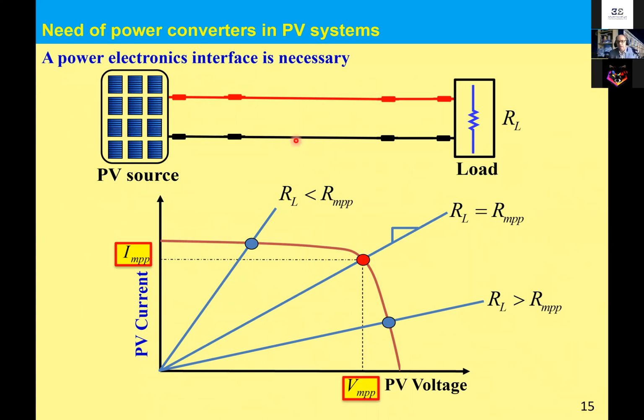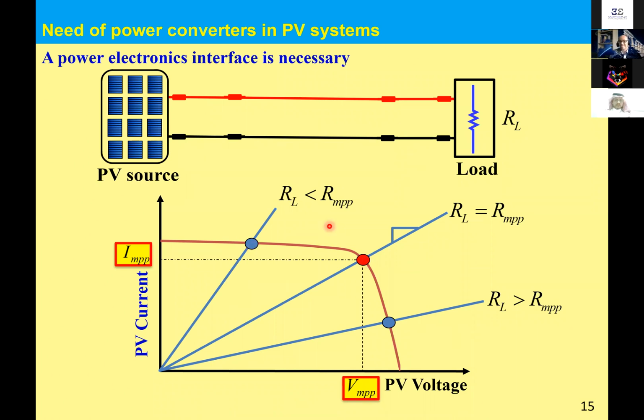If we connect the load directly to the PV source, depending on the value of the load, we might have the system operating in the maximum power point, which is this case, for example. But there are also other values of the load, resistance in this case, that will make the system operate far away from the maximum power.